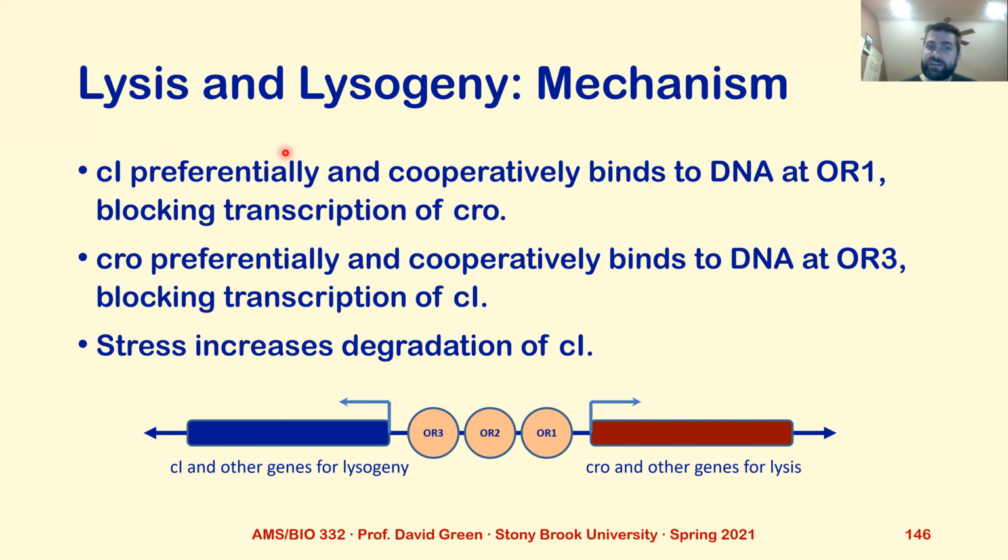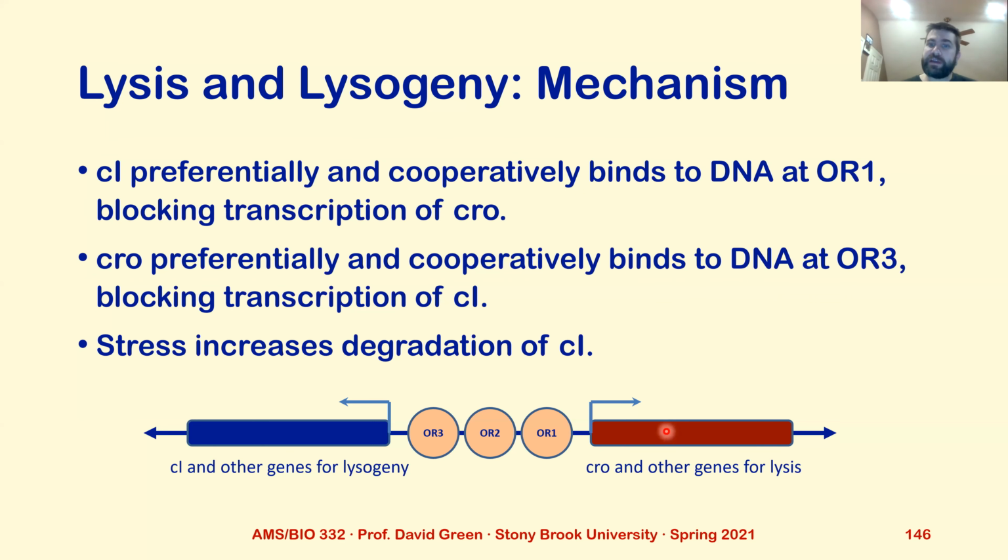CI preferentially and cooperatively binds to DNA at OR1, right next to where the CRO genes are initiated for transcription. When it binds here, it blocks the ability of CRO to work. That is, CI can turn off CRO. This already gives us some idea of how the lysogenic state might be stable. When the lysogenic state is active and CI is present, it actively blocks and turns off the genes for lysis.